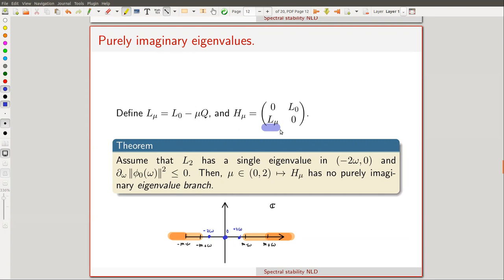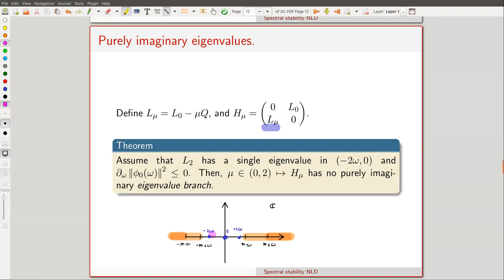So the point of view is to look at how this, well, the essential spectrum will always be the same, and the eigenvalues will be on branches in the complex plane. So we look at how they can behave. And if you have these two conditions, a single eigenvalue, which we have already seen is satisfied, and this one, which is easy to check, then there are no eigenvalue branches that pass through 0.